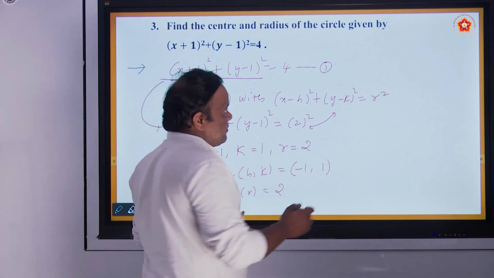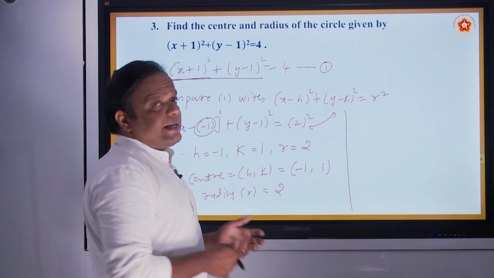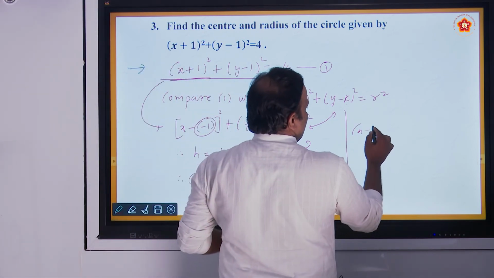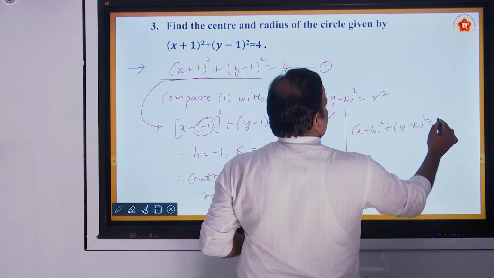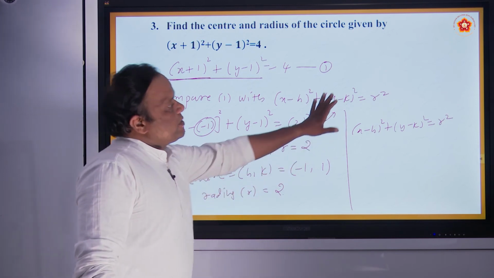So we have to verify this answer by writing the equation of the circle. We know the standard form of the equation of a circle: x minus h whole square plus y minus k whole square is equal to r square. Put h and k here and r here, and simplify.